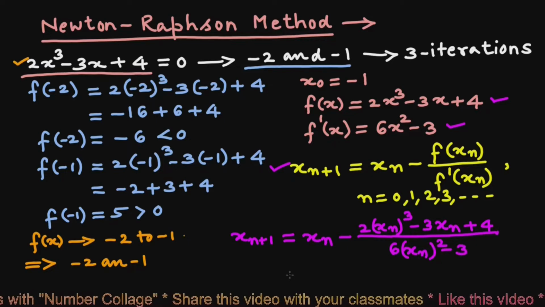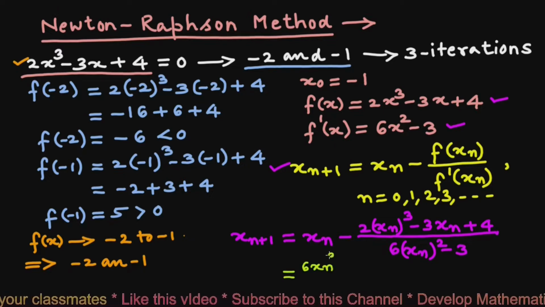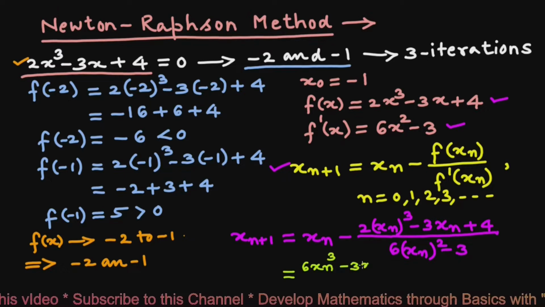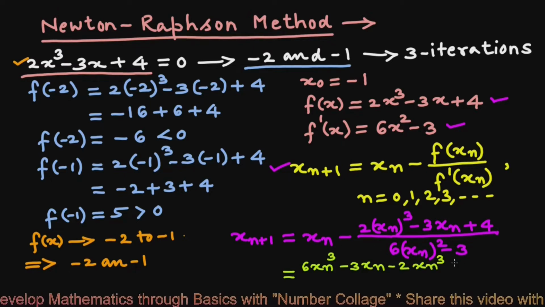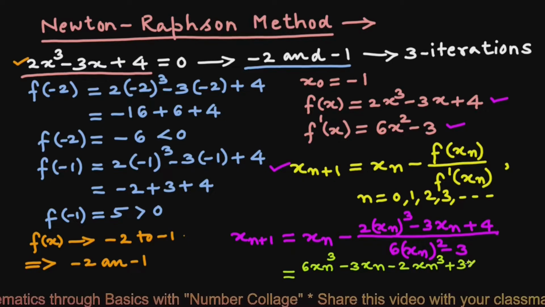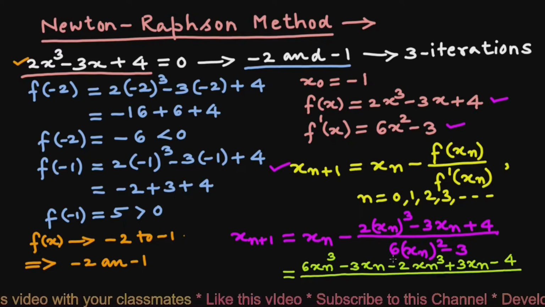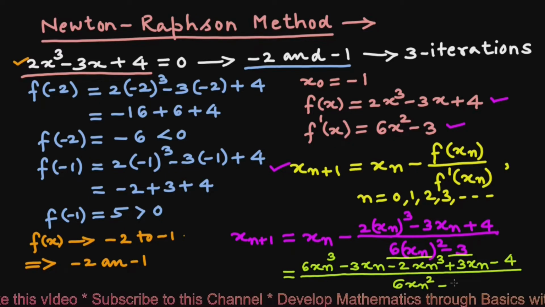Taking the LCM, this will be 6 xn squared into xn, 6 xn cubed, minus 3 into xn, minus 3 xn, minus 2 xn cubed plus 3 xn minus 4, upon 6 xn squared minus 3.